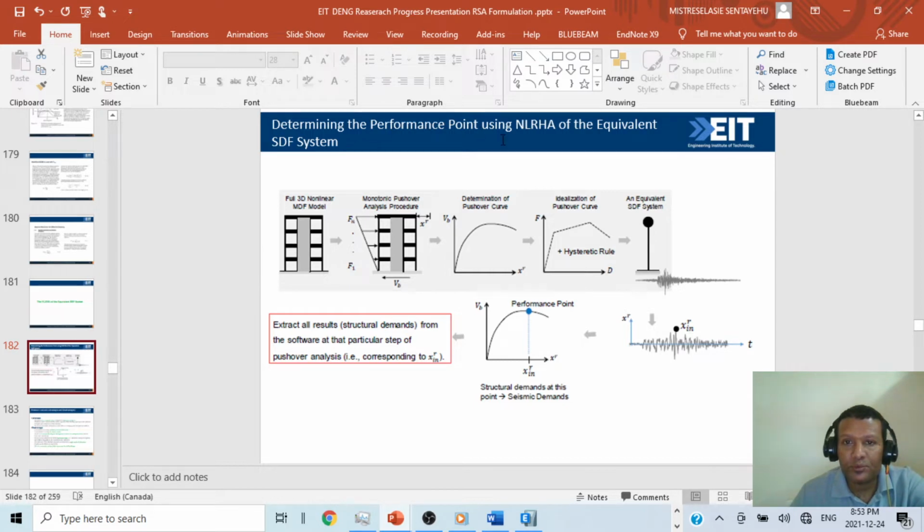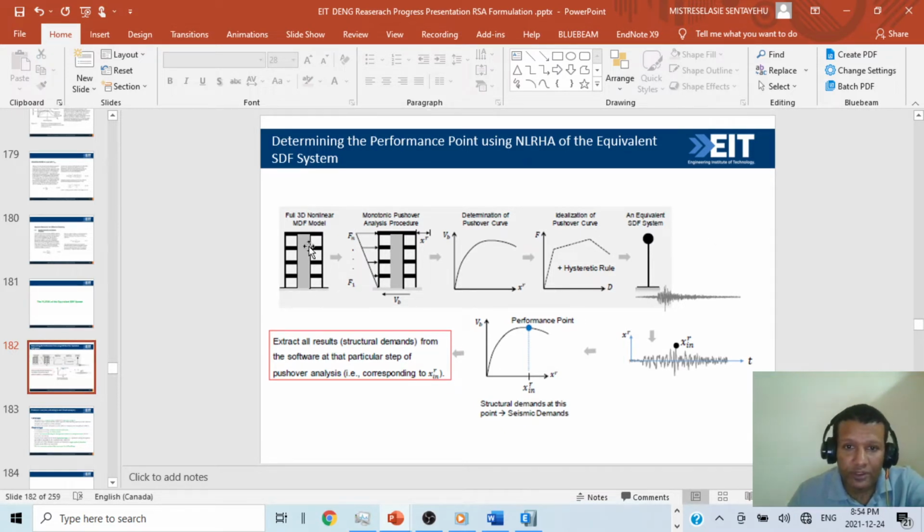Determining the performance point using this is the third part, because the two parts were finished. As we discussed, you have the pushover curve from your multiple degree of freedom system. You idealize it, make a static rule, and apply this rule to your single degree of freedom system. Then directly shake the building with an earthquake and pick the maximum inelastic displacement.